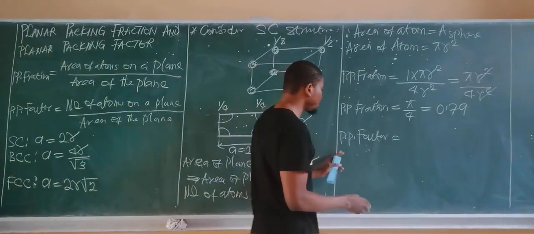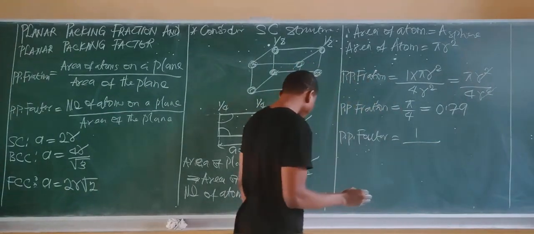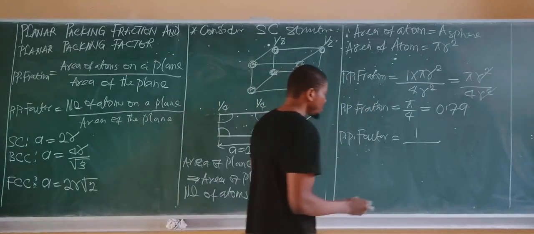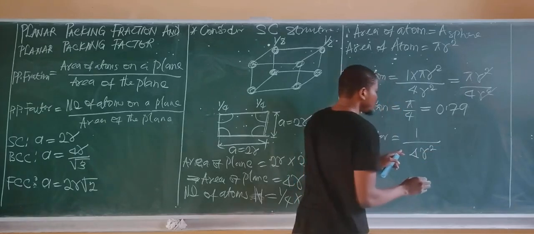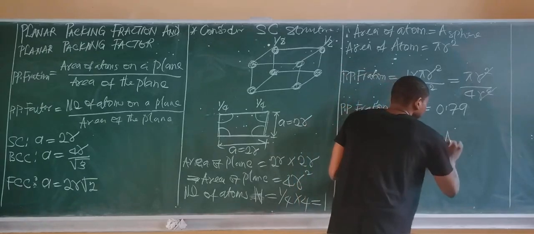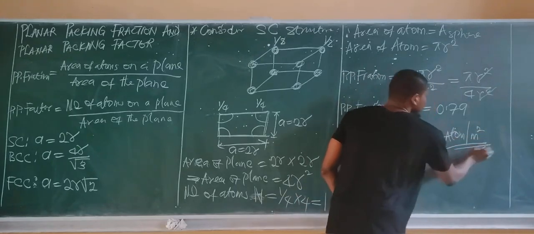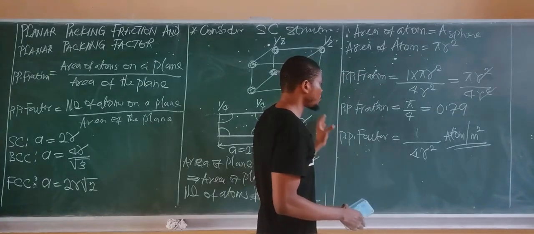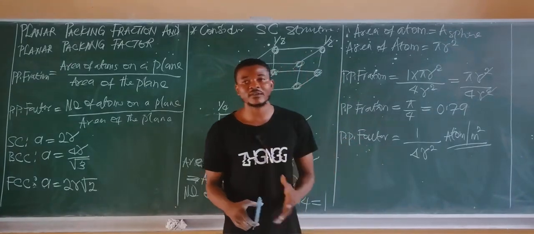Therefore, the planar packing factor becomes 1 all over the area of the plane, and the area of the plane gave us 4r squared, so it becomes 1 all over 4r squared. The unit of this is simply atom per squared meter. So this becomes the unit of the planar packing factor, whereas the planar packing fraction is a ratio of area, so it doesn't have a unit.